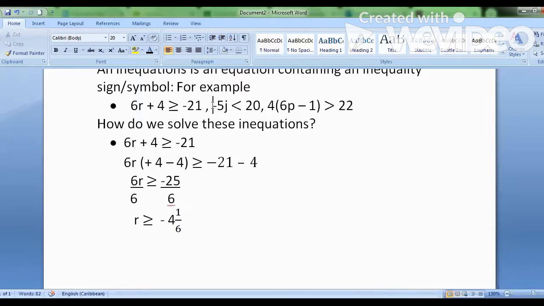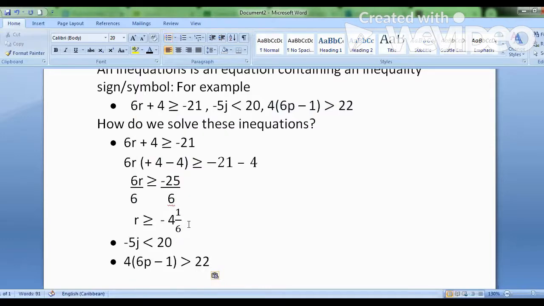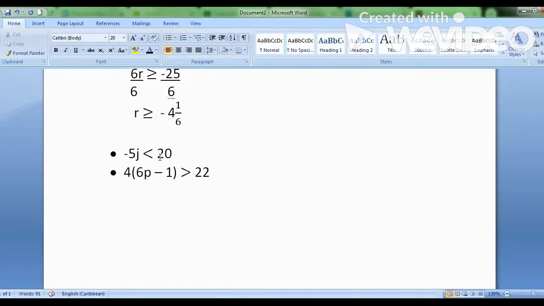Okay, guys, I want you guys to solve these two. So, pretty simple. Try these two for me.